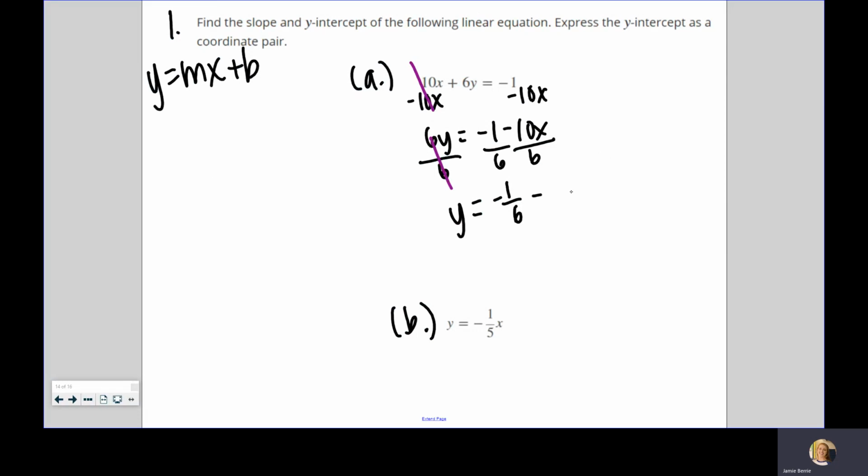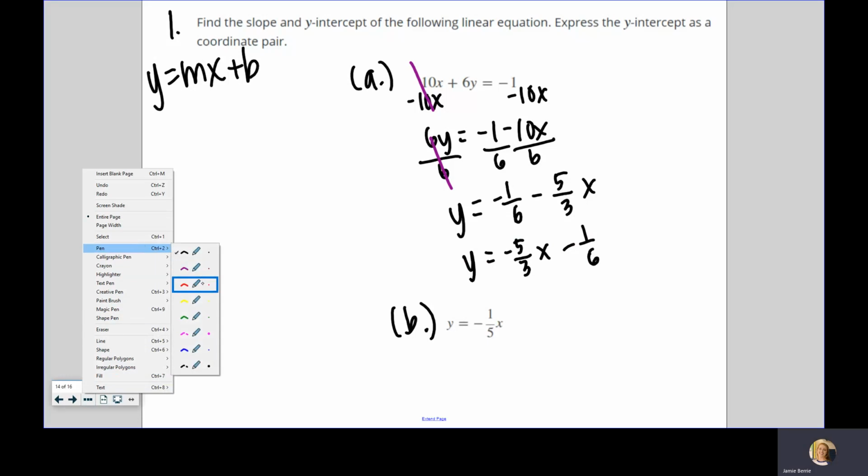That reduces to, see, 2 goes into both of those. So that would be 5/3 x. I like to write my x off to the side, but you can put it up there in the numerator if you want to. And then just to make it match up with slope-intercept form, I'm going to write the -5/3x first, then minus 1/6. It does not matter, though. You haven't changed anything by doing that.